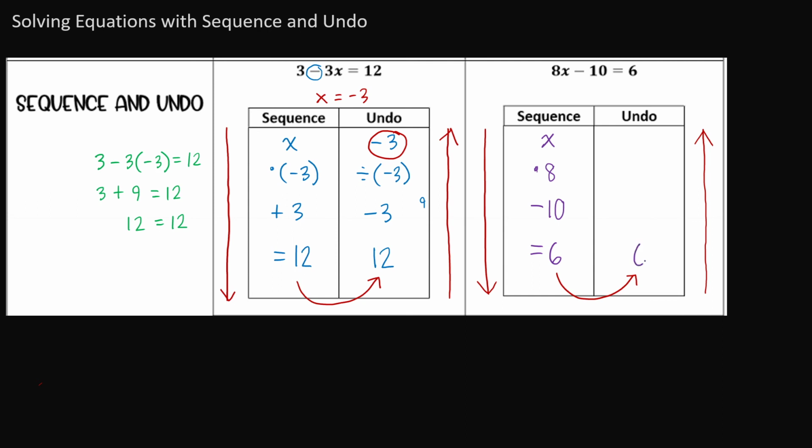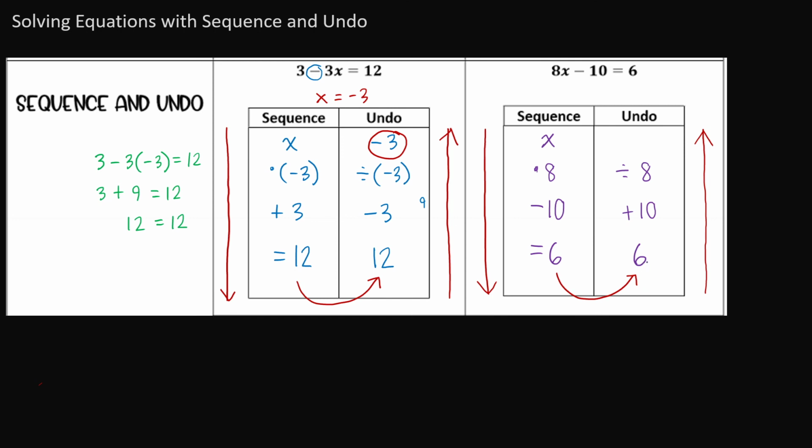Start with 6, that's where we left off. And then we're going to go back up and we are going to change all of the operations. So instead of subtracting 10, we are going to add 10. Instead of multiplying 8, we are going to undo that by dividing by 8.